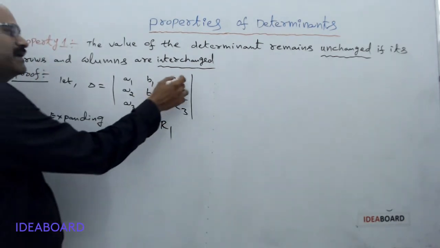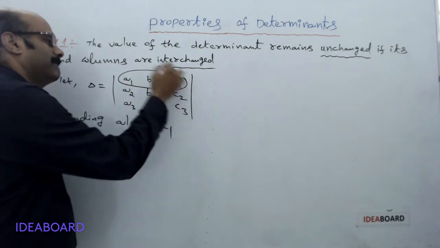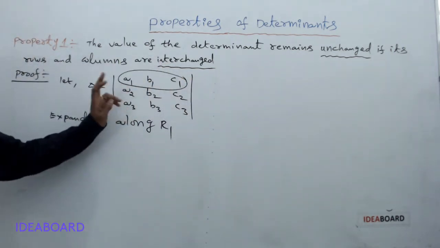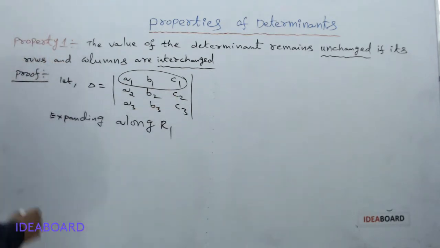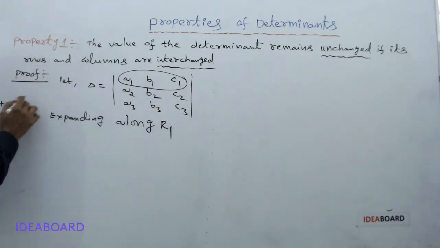Here we have to expand this along R1. We know the signs: whenever we have a 3 by 3 matrix, we have to take the signs plus, minus, plus, minus, plus, minus, plus, minus, plus. These are the signs we have.